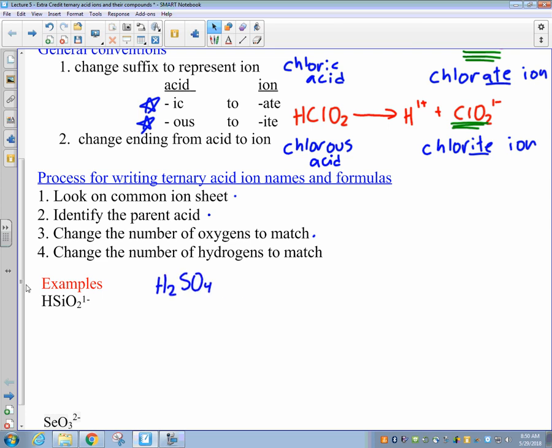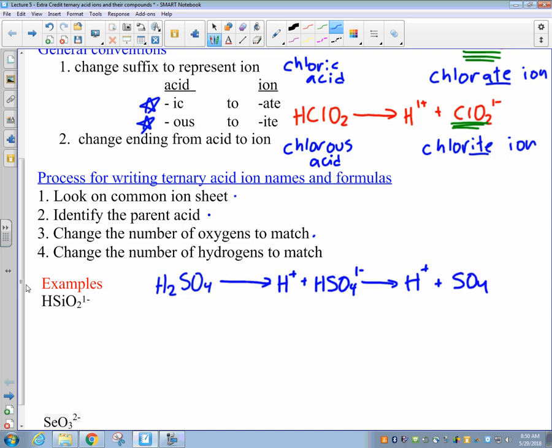Upon dissociation into its ions, H2SO4 separates into an H-positive cation and the HSO4, 1 negative anion, which can then further dissociate into a second H-positive ion and the SO4, 2 negative ion.